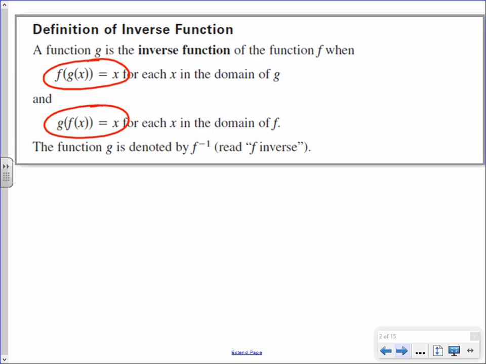I would not write down everything word for word, but at least knowing what I circled is what's important up there. When I plug e to the x into the natural log, they undo each other, and we are left with x because they are inverses of each other.